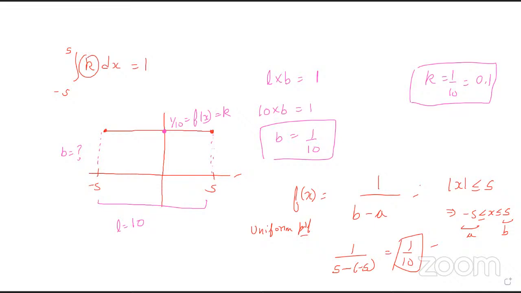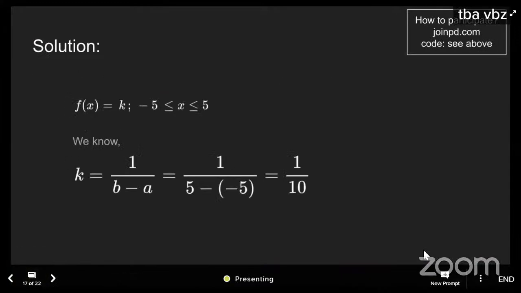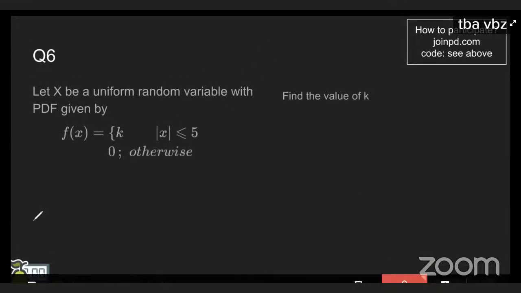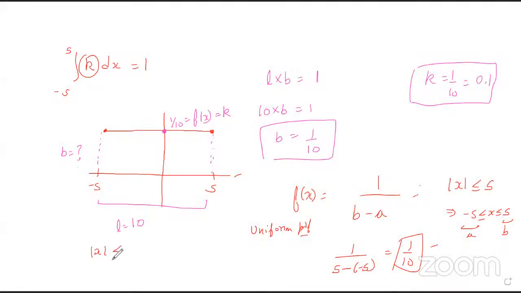Any doubt till now, anyone? Sir, I understood the process and I also solved, but the modulus, how you decided that the lower limit will be minus 5? Here it is given that modulus of x should be less than or equal to 5, right? The absolute value of x should be less than or equal to 5.